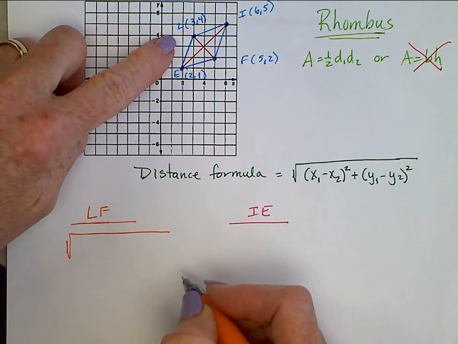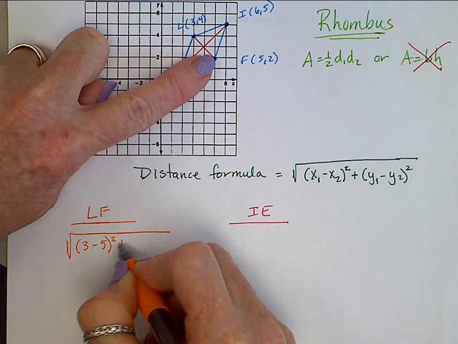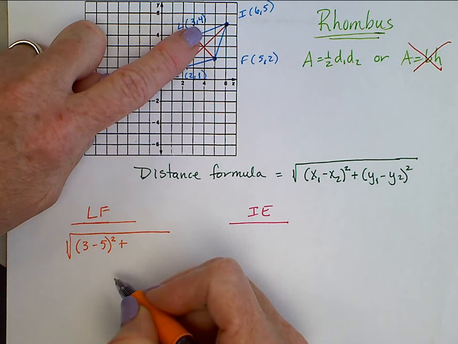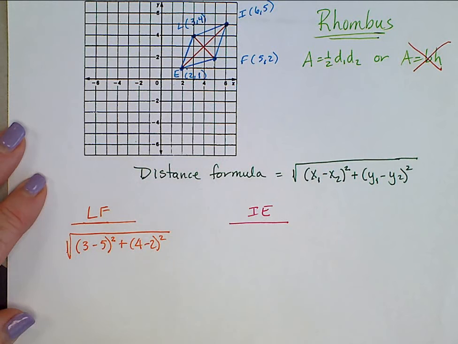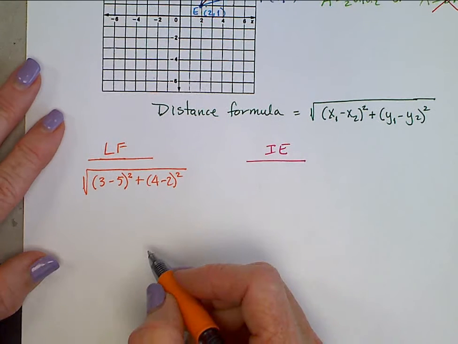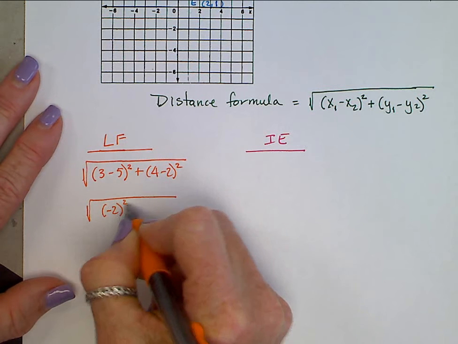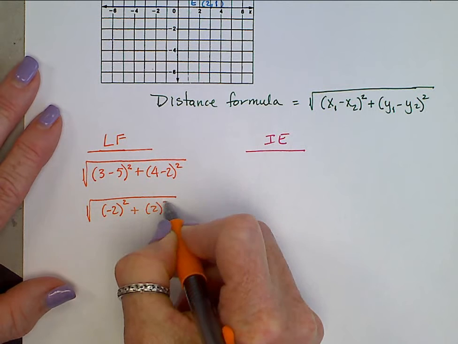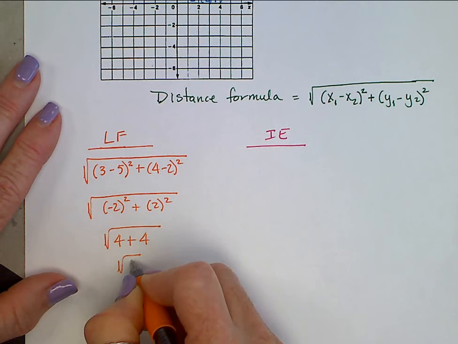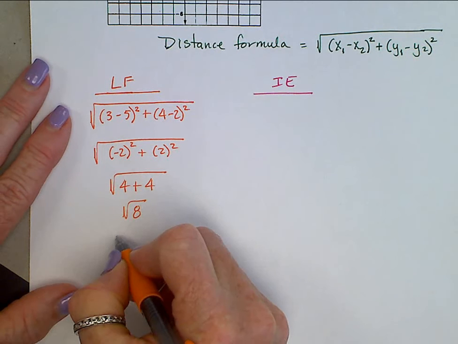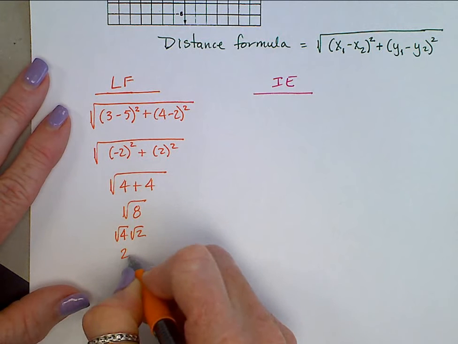Let's subtract the x's. So we'll have 3 minus 5 squared plus, subtract the y's, 4 minus 2 squared. And we can simplify then. This is the square root of negative 2 squared plus 2 squared. Square root of 4 plus 4, square root of 8, which, it's been a while since we've done radicals, but that's the square root of 4 times square root of 2, which is 2 square root 2.